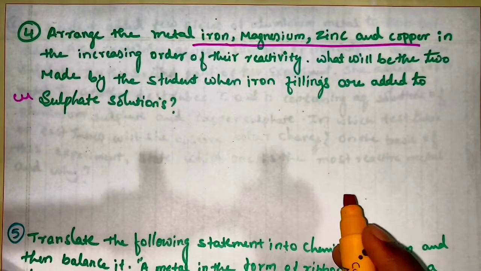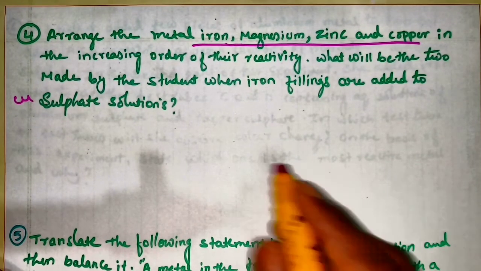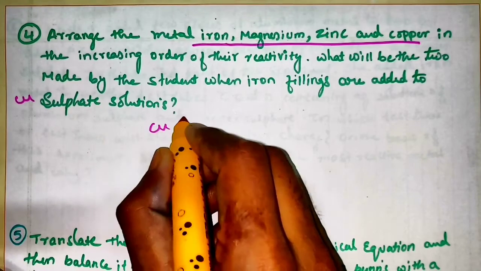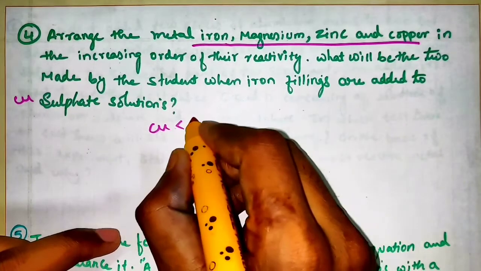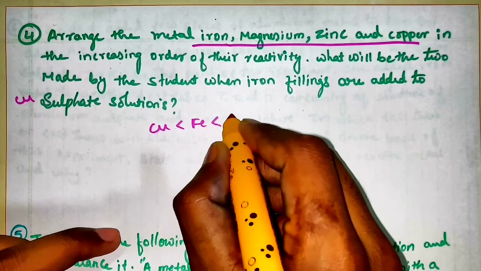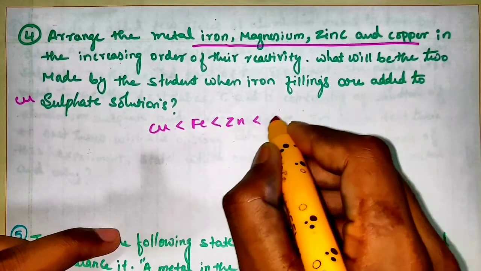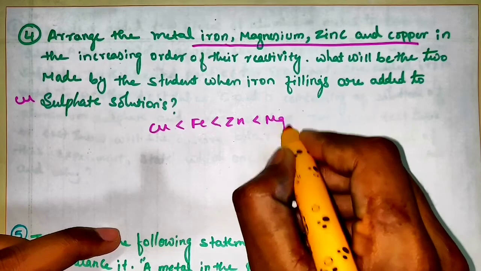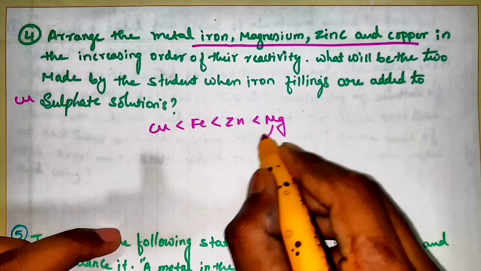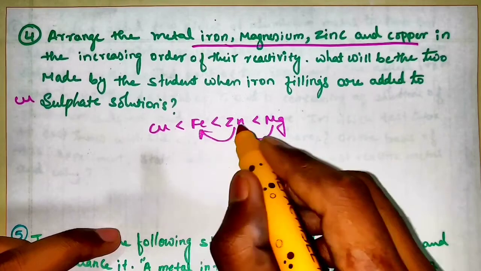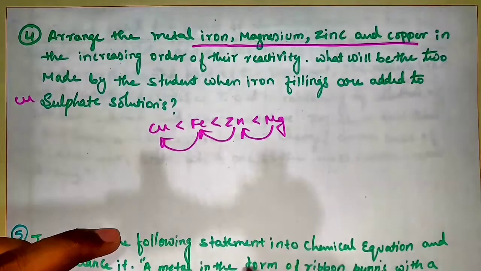How are we going to write it in increasing order? We know that copper is the least reactive, so copper is less than iron, which is less than zinc, which is less than magnesium. So magnesium is more reactive than zinc, and zinc is more reactive than iron, than copper.